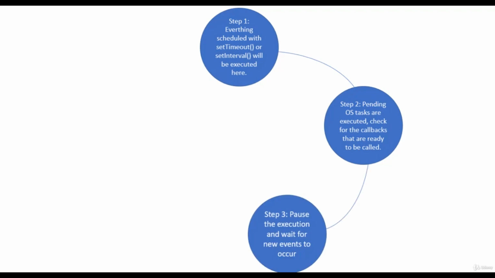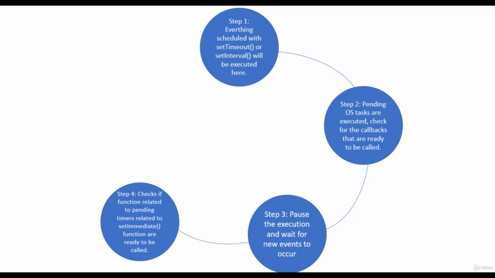It checks for the callbacks that are ready to be called. Basically, in step 2 it checks which operating system tasks are pending, and also which callbacks are ready to be called. In step 3, it pauses the execution and waits for new events to occur. In step 4, it checks if functions related to pending timers set with the setImmediate function are ready to be called.